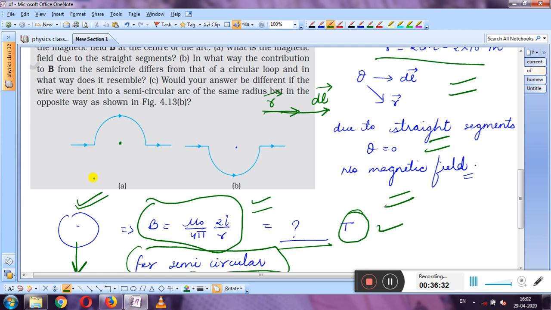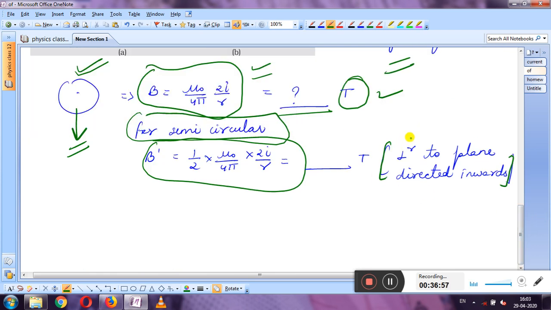We will use the fingers to represent the direction of current. If you curl your fingers of the right hand in this way, then your thumb will point into the plane of paper. So we have written here, perpendicular to plane directed inward, right?